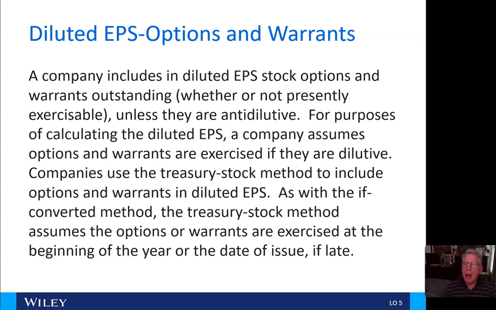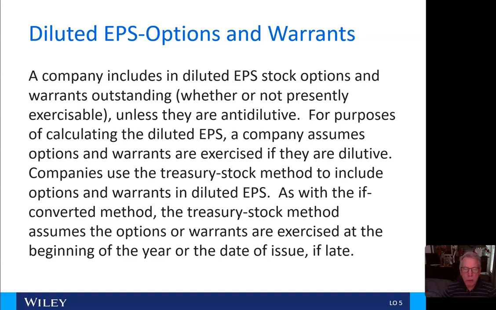A company includes in diluted earnings per share stock options and warrants outstanding, whether or not presently exercisable, unless they are anti-dilutive. So for purposes of calculating the diluted earnings per share, a company assumes options and warrants are exercised if they are dilutive.